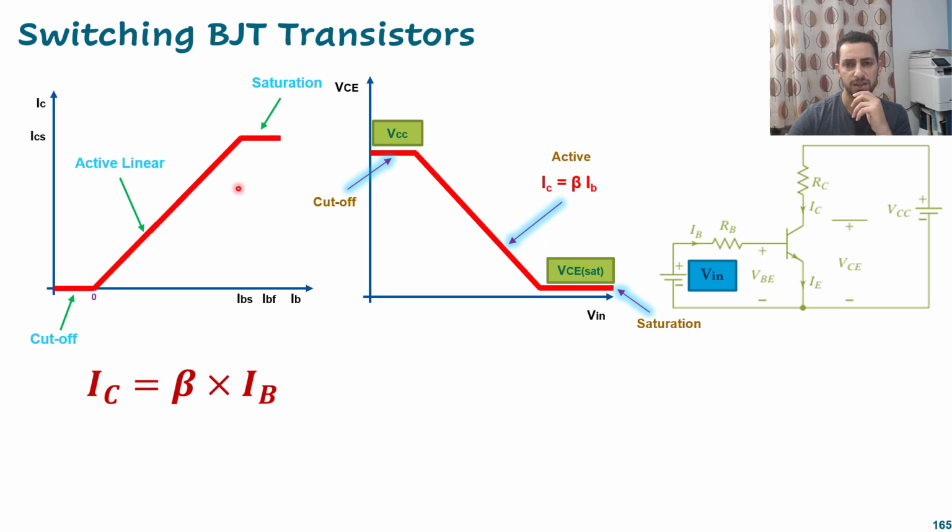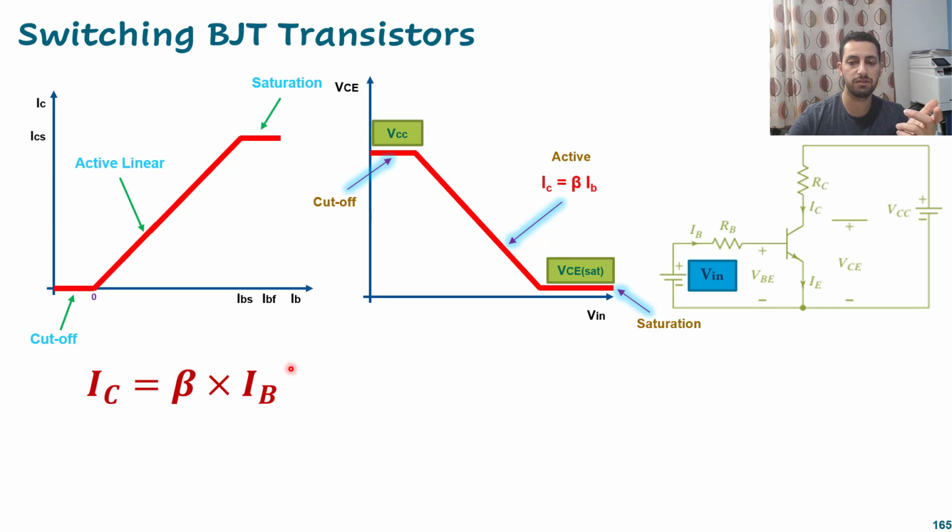To do that, for example, I have 100 volts here, I have 100 ohm, so the current going through the collector, if it's fully saturated, is about 1 ampere. So if I know that 1 ampere as IC, I can use beta from datasheet, and I can estimate what is the base current I have to push into the base to get that IC, okay?